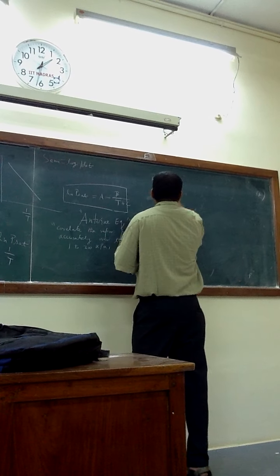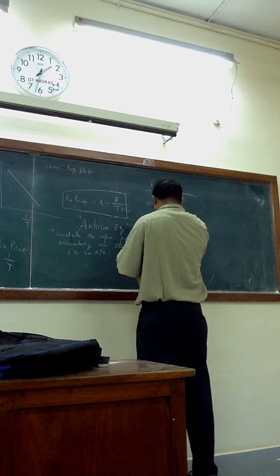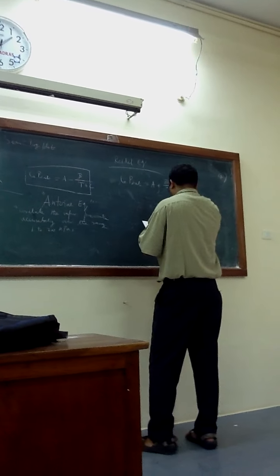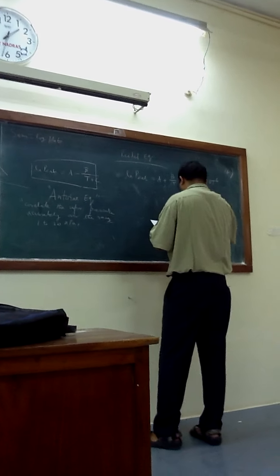Riedel equation. They gave some correction, which is ln P sat equals A plus B by T plus C ln T plus D T to the power 6.